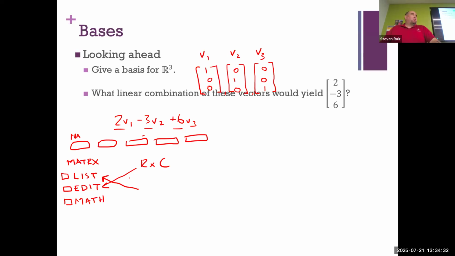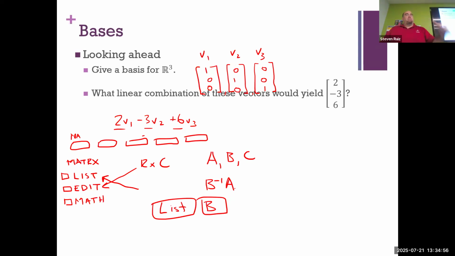I don't actually know if you can use the alphabet keys and it'll work. I don't think it does. So let's say you have matrices A, B, and C, and what you really care about is doing B inverse A. Then the buttons you would hit, I believe, are list, then B, and that'll dump you out to your main command screen.